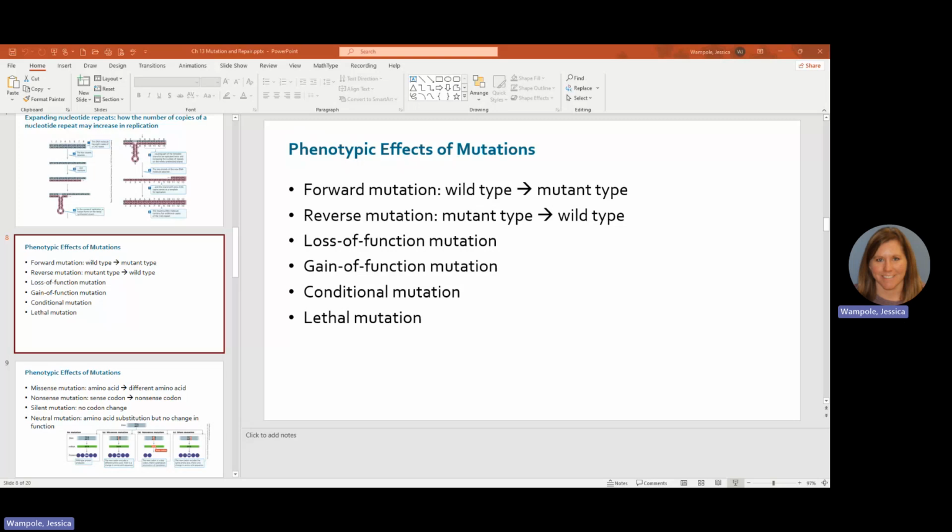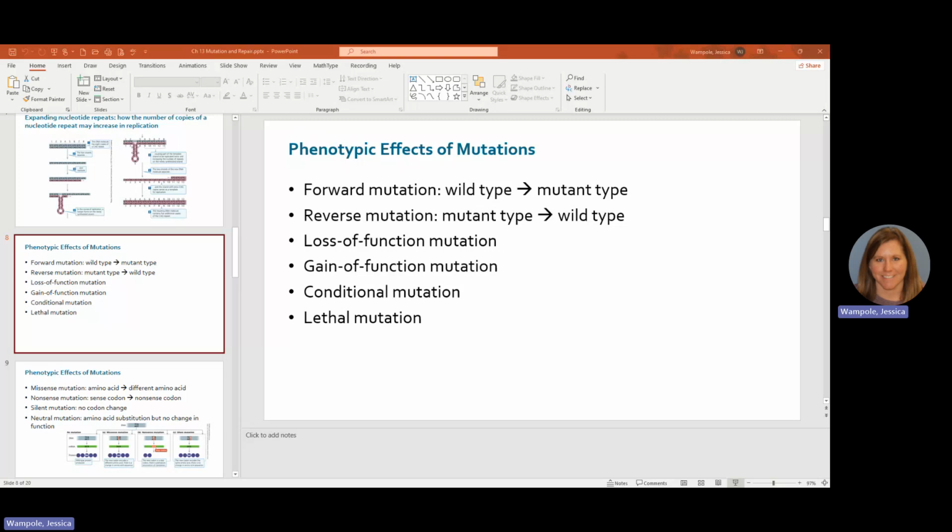Usually we talk about this in genetics class, related to fruit flies, and we talk about the wild type fruit flies, but really you could use it to refer to anything. So we've got the wild type phenotype, and then we've got the mutant type. A forward mutation is where your wild type is converted into the mutant.